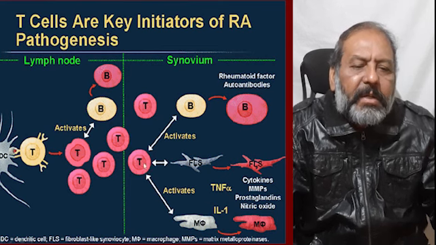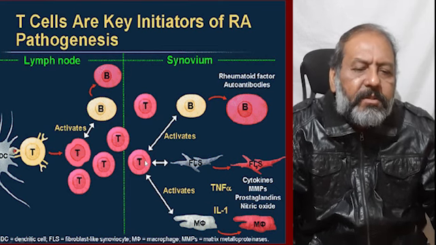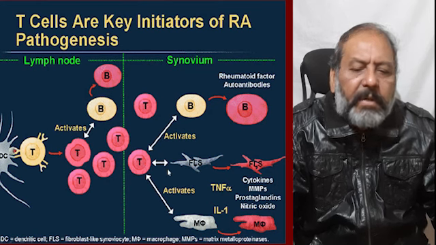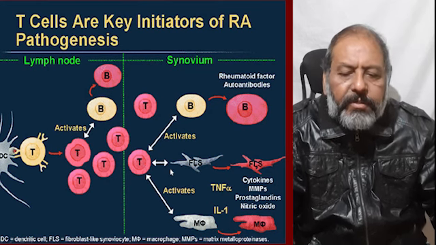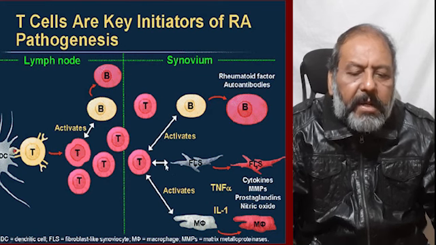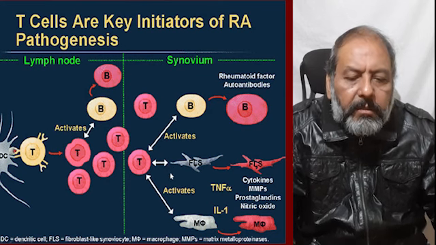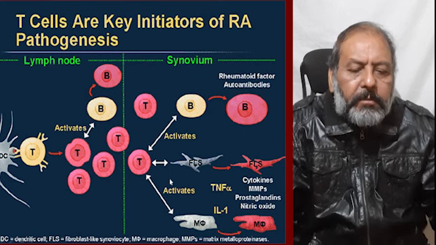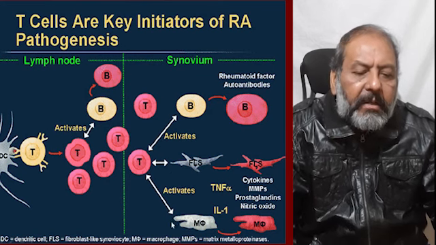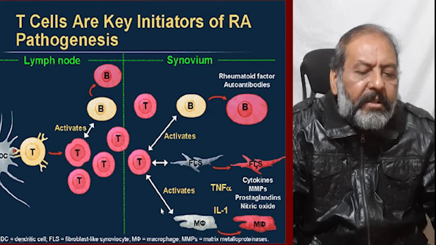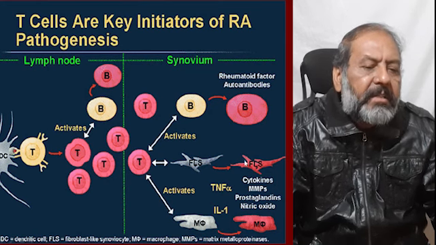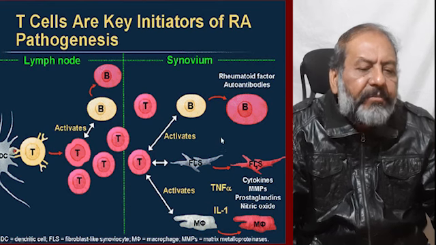And here one can see that this T lymphocyte is going to activate to form FLS, which is basically the fibroblast-like synoviocytes, and here it activates the macrophage, and also the other cells like B cells.